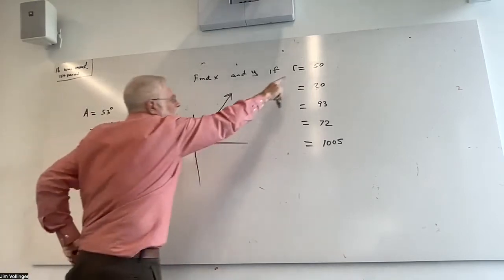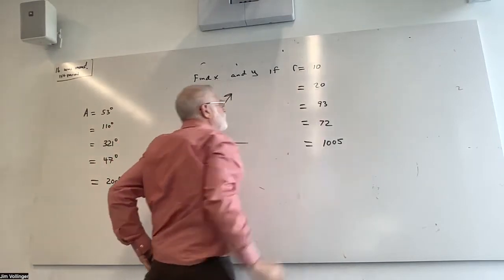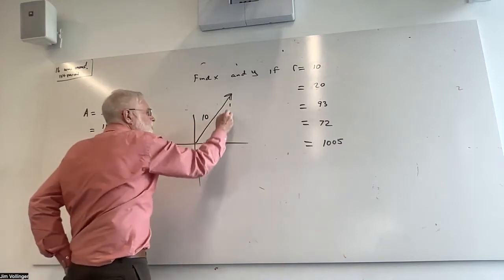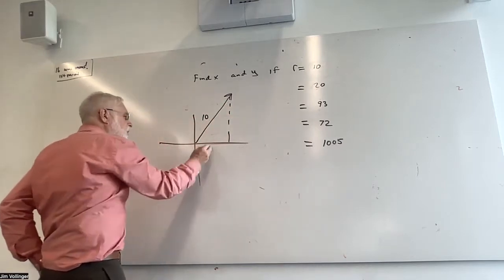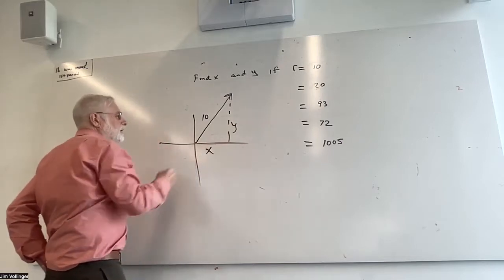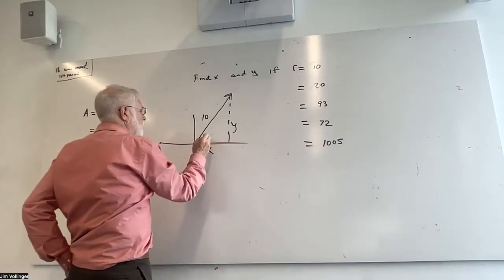Let's say the radius is 10 units long, so this is 10. It's got two components, a horizontal and a vertical, and we're trying to find this distance X. We've been given a 53-degree angle.